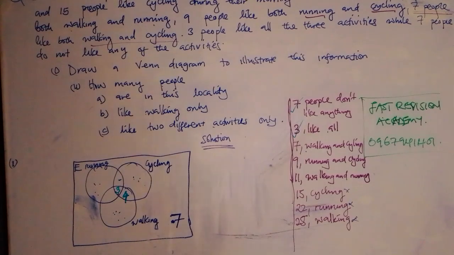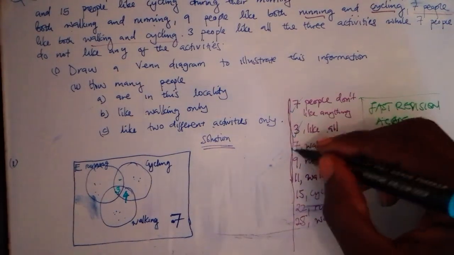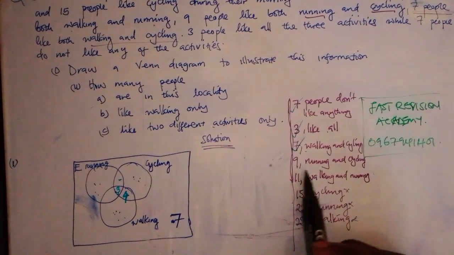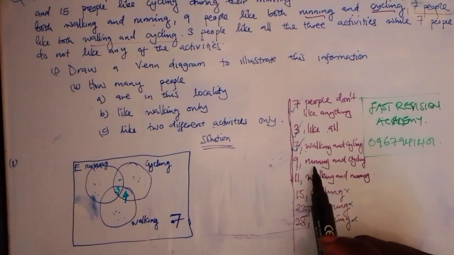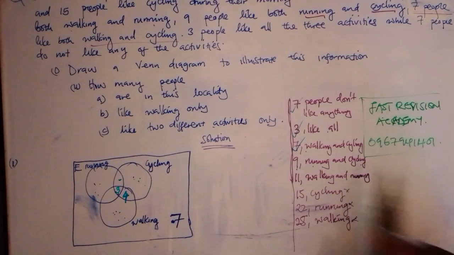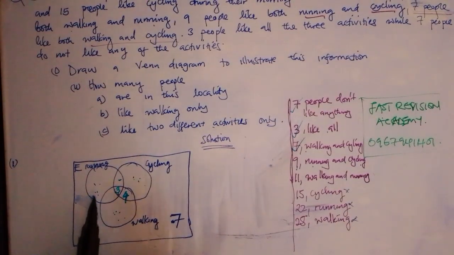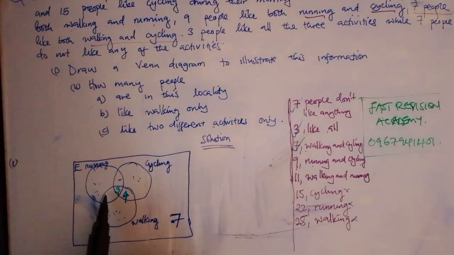Yeah. So now moving on to our next question. We said 9 like running and cycling. So you go again where there is running and cycling. So meaning the part which we are supposed to enter is this one.